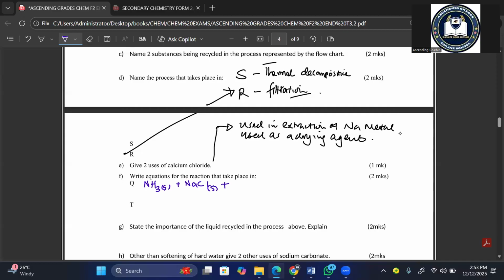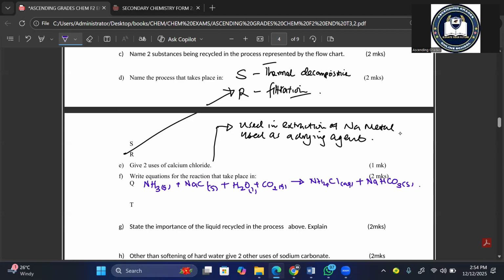Now we add water and the carbon (IV) oxide so that we can get ammonium chloride, then sodium hydrogen carbonate, which is solid. The equation is well balanced. Ammoniated brine.